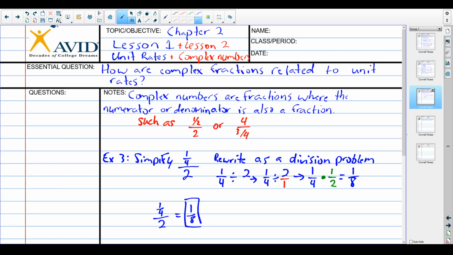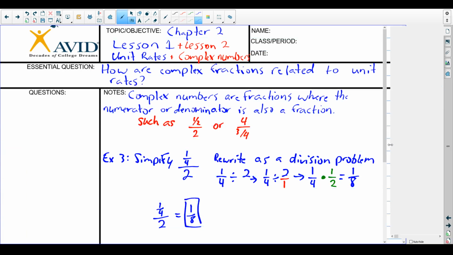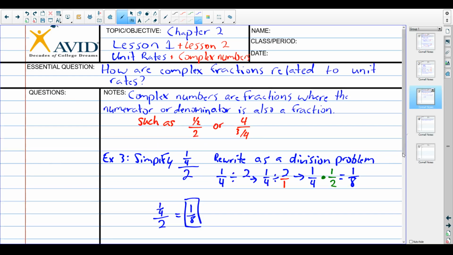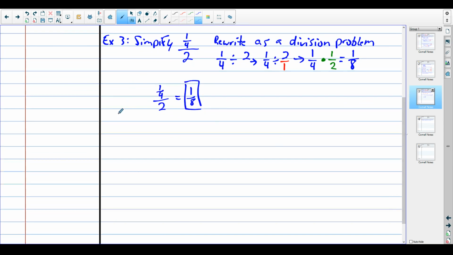Okay, what's my next example? Okay, example 4. Do one more of those. 16 divided by 4 over 9.